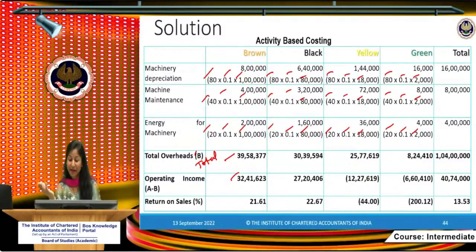Now you can practice it on your own, see how much time you actually take, either ignoring the calculation part or solving it fully. Then take care of how much time you take and where you lag and where you take more time. So practice again from the study material questions also. Only after practicing are you able to solve these questions so quickly in less time.